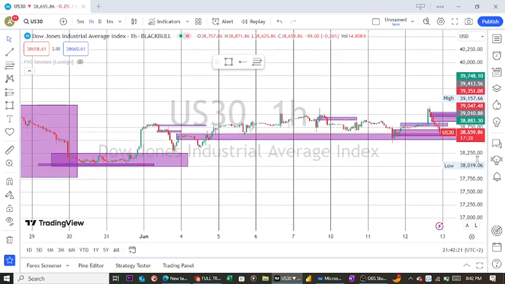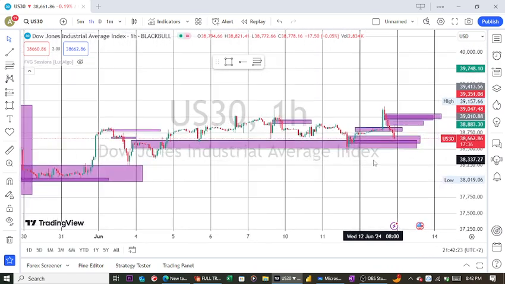OTE makes use of optimal entries, or OTE makes use of Fibonacci for taking trades. Now this is called discount and premium. So when price is at your discount level, you sell. When price is at your premium level, you buy.